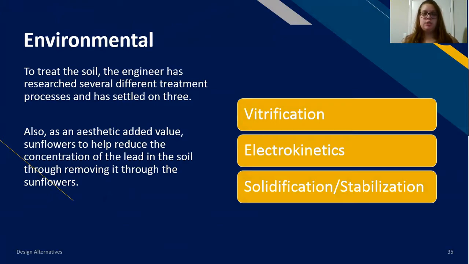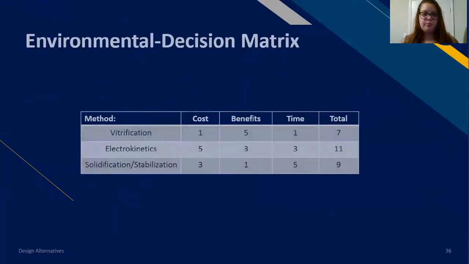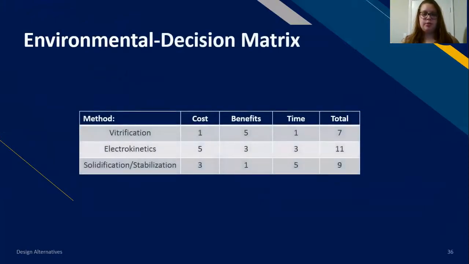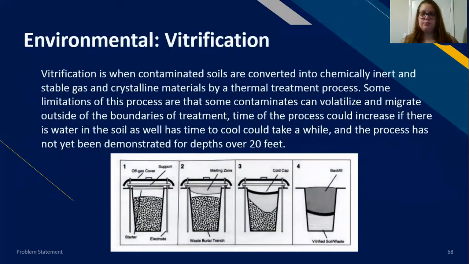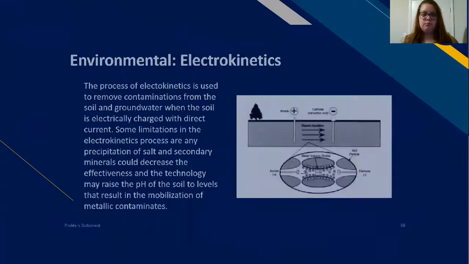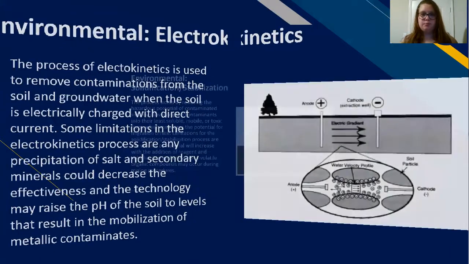Electrokinetics electrically charges the soil-bonded molecules, and solidification converts the soil to its least soluble form to prevent migration. Here's just my design matrix showing that electrokinetics is the best option. And this is just some more information, a bit deeper.